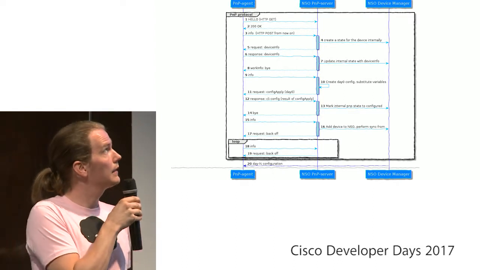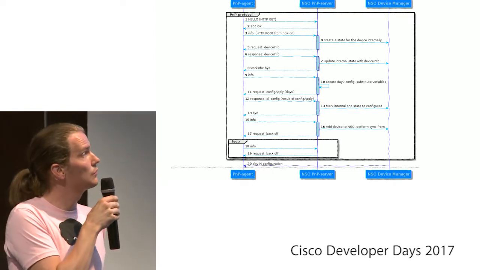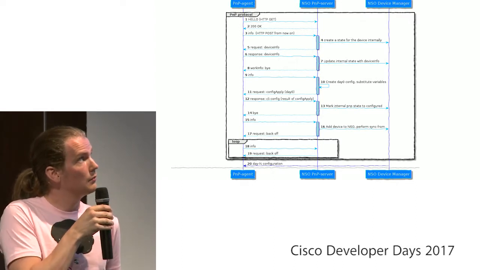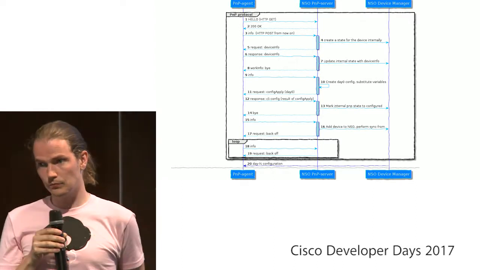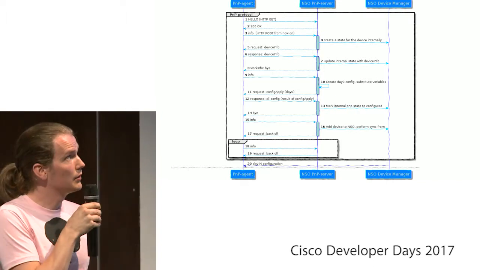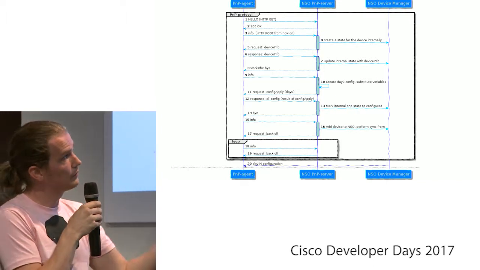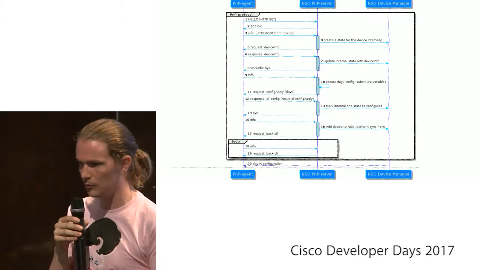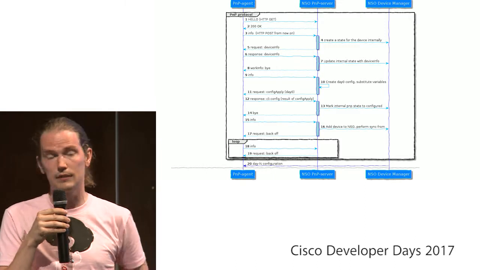Then the device will come back again in step number 9 there and ask for work, and we will provide it with a day 0 configuration. You see that number 10, the arrow that goes to itself, is that you can point to a day 0 file, and in that file you could have variables that you need to substitute depending on which device it is.